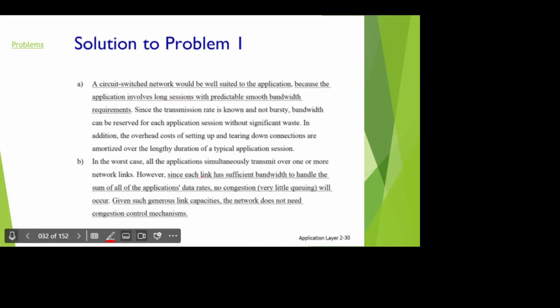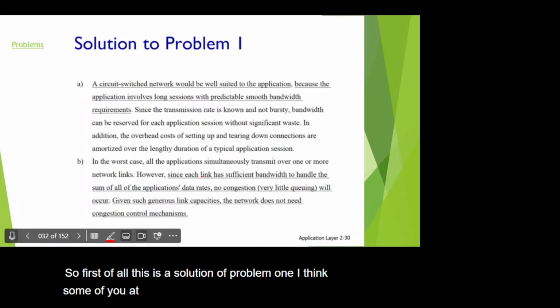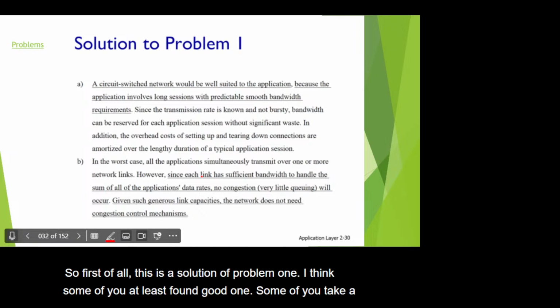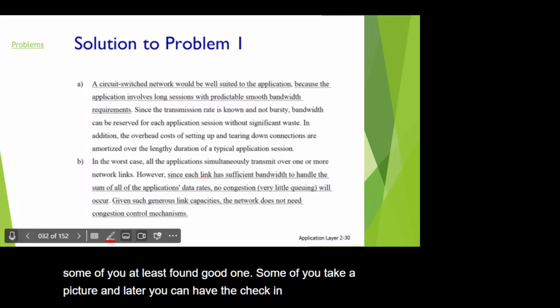So first of all, this is the solution of problem 1. I think some of you can take a picture, and later you can check with your members.